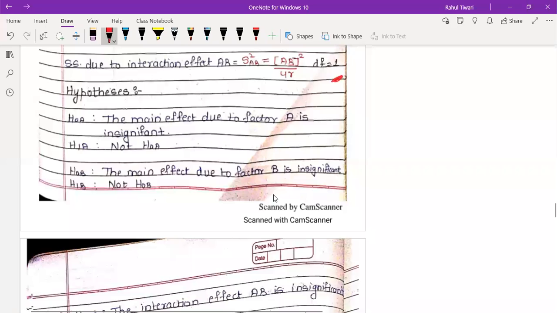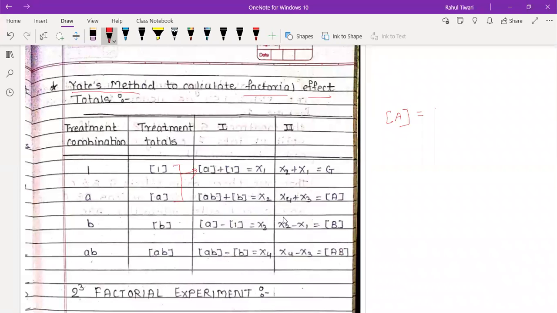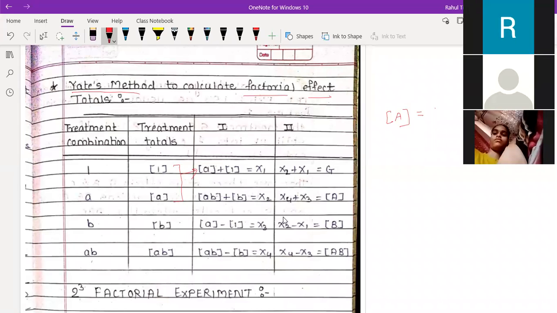But remembering that is again quite difficult. That's why we have created a Yates table, and sometimes they ask you to create a Yates table, so you should know how to create it. First, if you add the first two treatments, we get this first one. Similarly, you have the next two, you can write down here. So you can call them x1, x2, x3, x4.